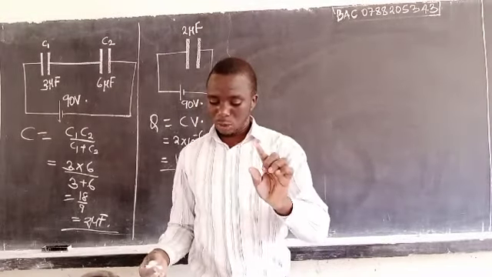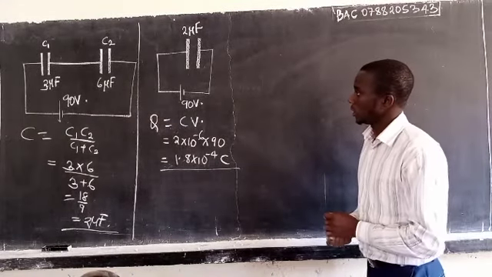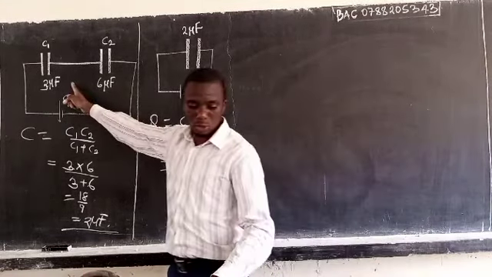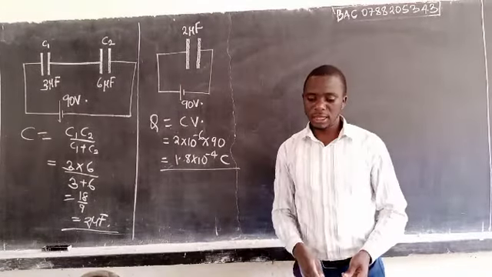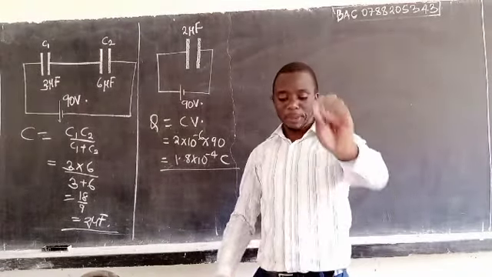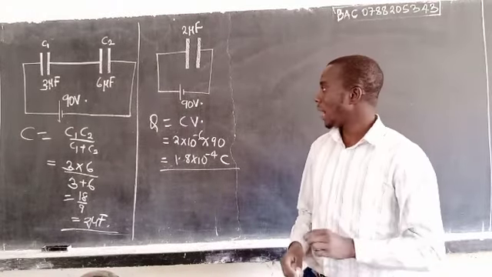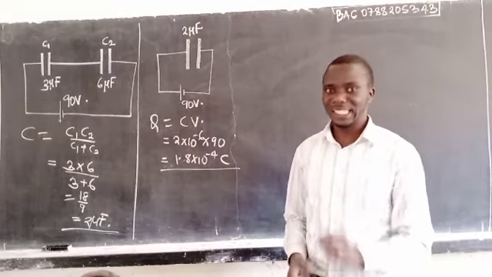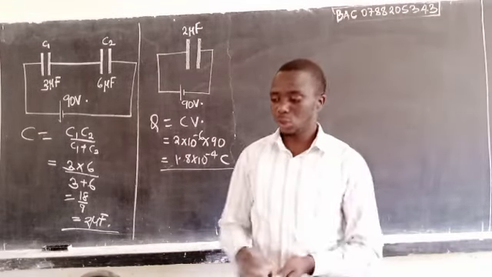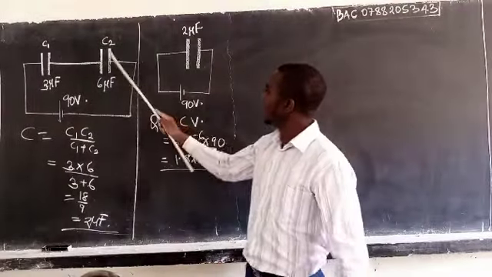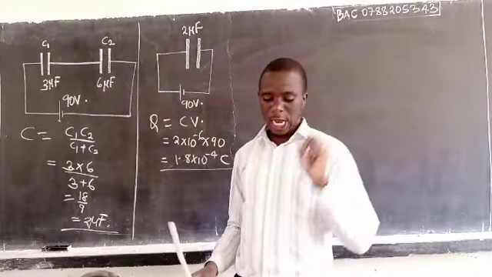But what does that tell us? It gives us a clue. What is the charge stored on this capacitor and the charge stored on that capacitor? These two capacitors are in series, and remember, we said that when capacitors are in series, they store the same charge. So the charge on this capacitor is equal to the charge on this capacitor and is equal to the total charge.